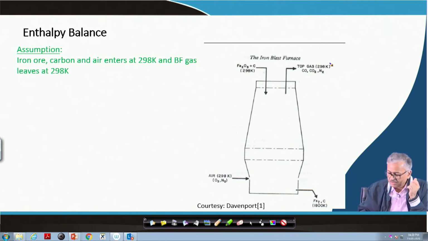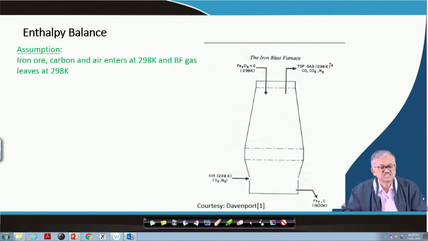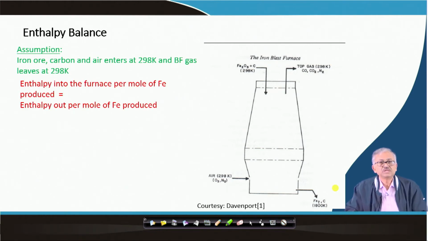So, let us make an energy balance, an enthalpy balance. As I said, in the heat balance, the enthalpy into the furnace per mole of iron produced should be equated to the enthalpy out per mole of iron produced, right.